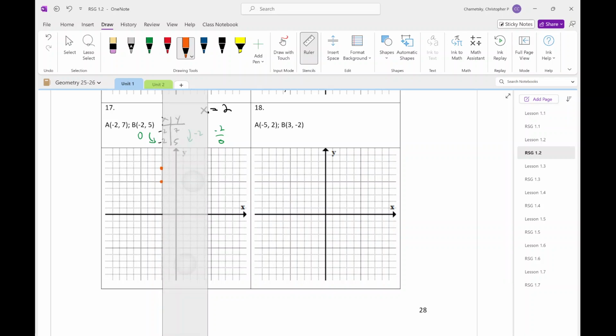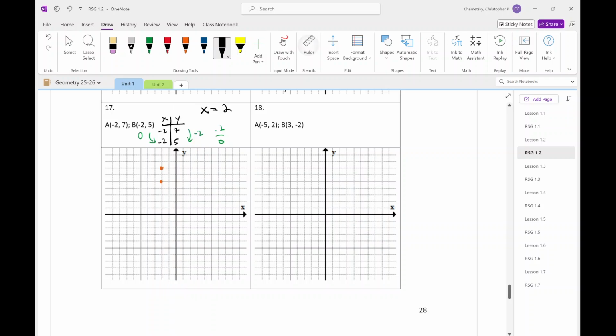Just saw that. Sorry, x should be equal to negative 2 as our equation.